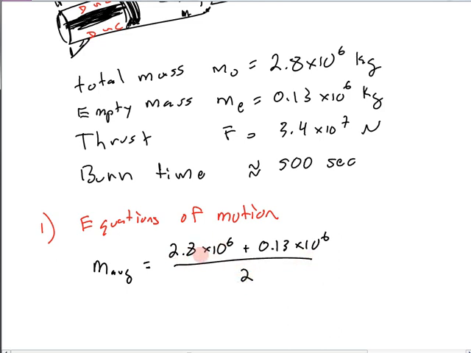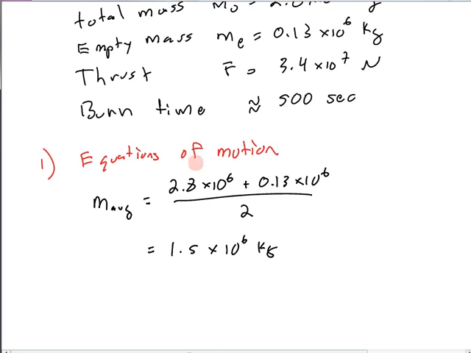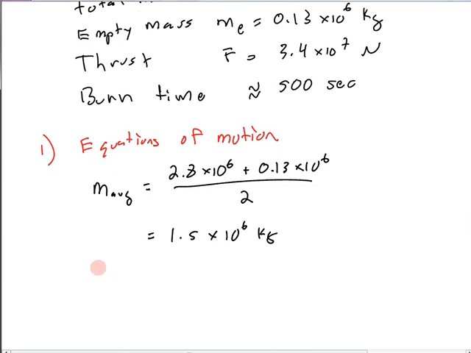Because at the beginning it's full, and at the end it's empty. And we can average these two together, and we get about 1.5 times 10 to the 6th kilograms. Now, this is not going to work because as the mass changes, the acceleration is changing in non-constant ways. But we'll try it anyway.